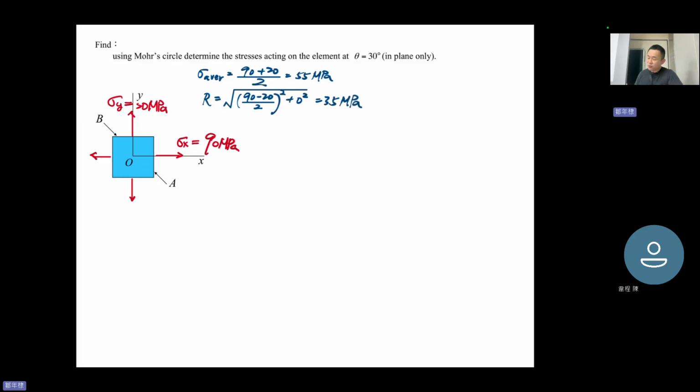So now we have the center of the Mohr circle. Again, be careful: tau x1 y1 downward positive, sigma x1 right-hand side positive. And 55 and 35.